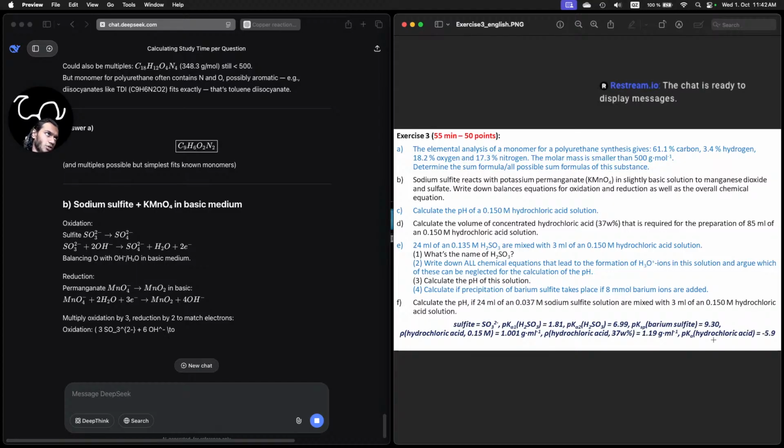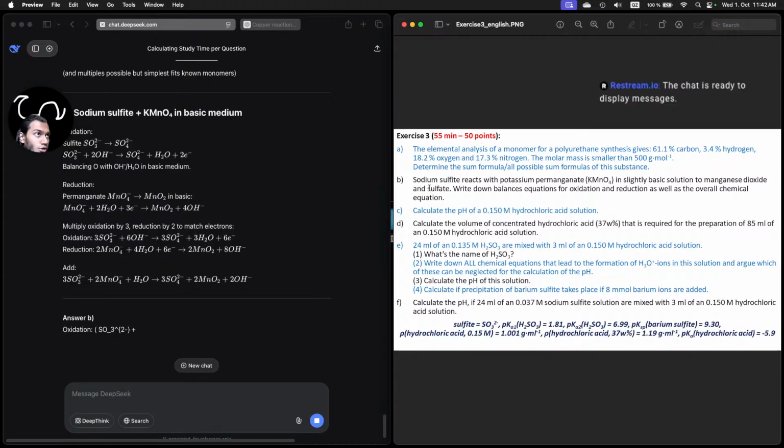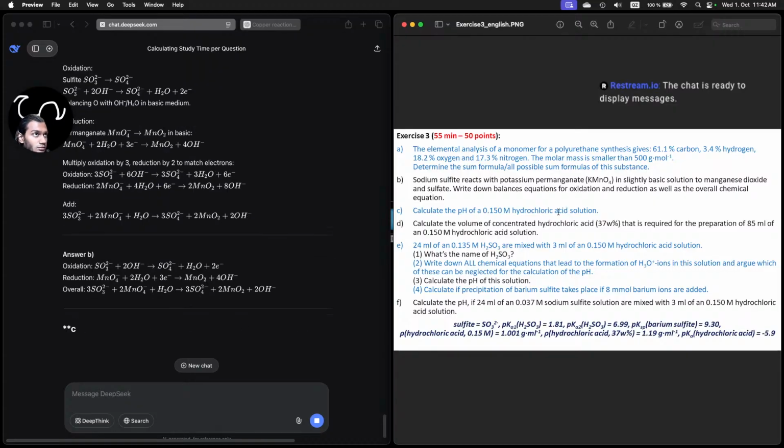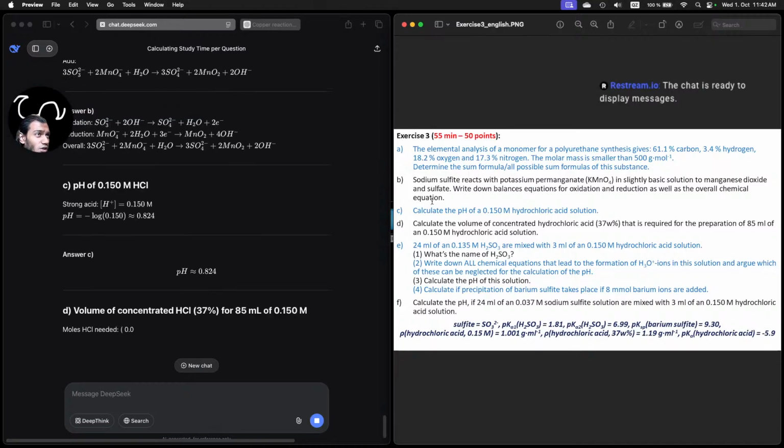The molar mass is smaller than 500 grams per mole. Determine all possible sum formulas for this substance. I do remember somewhat how to do this.